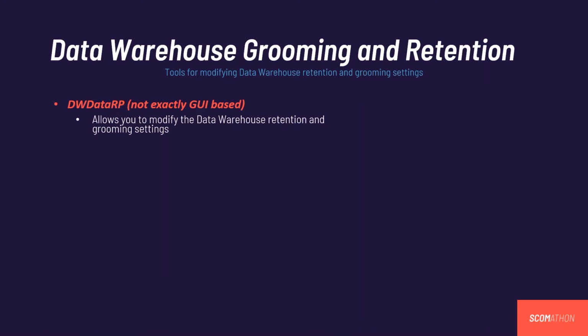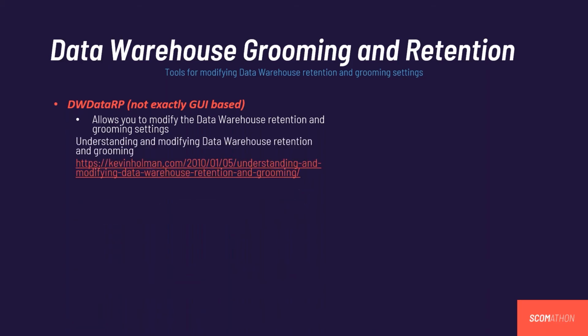It's a command line tool, like I said, and it allows you to modify the different data sets within your data warehouse, and how long the data stays there. In most cases, by default, you have a retention period of around 400 days for many of the data sets.